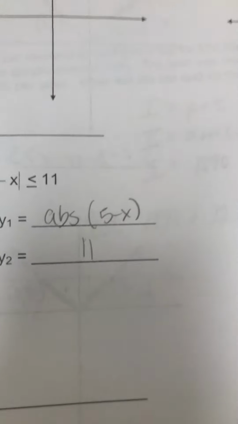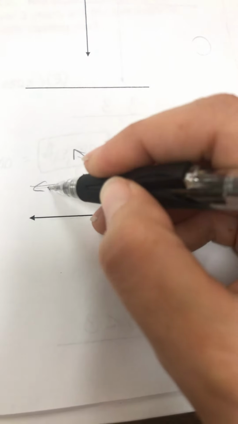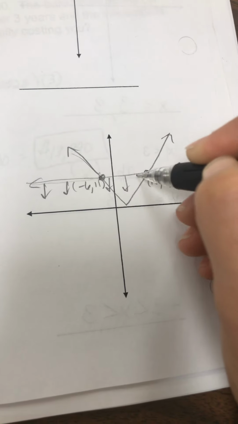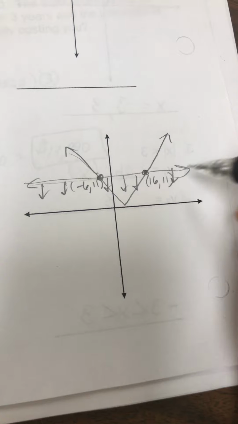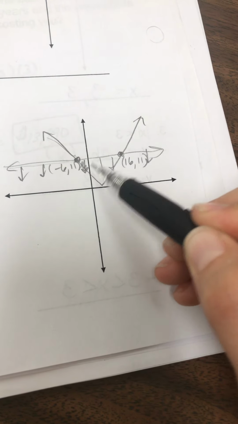All right, which makes sense because both of the y's are 11, and they should be at 11 because this line is 11, right? So now what do we have? We have less than or equal to. When we have less than, our arrows are going down. So now where are they overlapping?